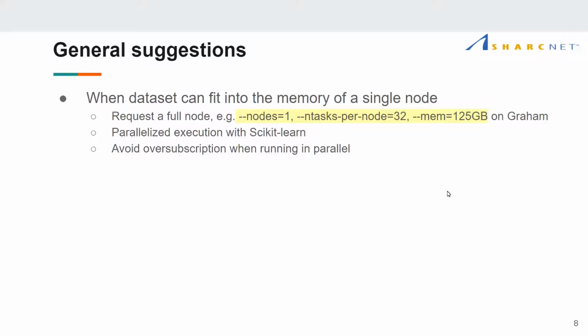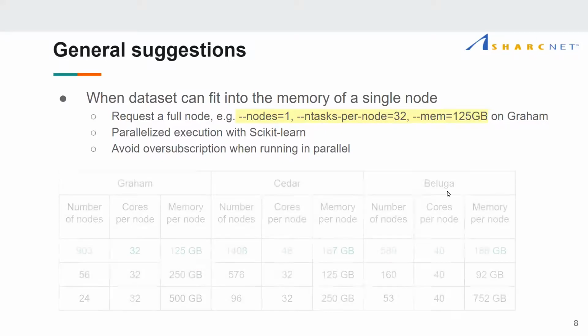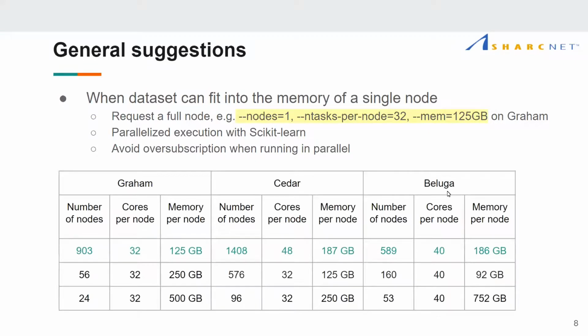If you wonder what memory size a full node can provide on the clusters, here is a table with some information about the top 3 popular nodes on each of the 3 general purpose clusters. The most popular nodes on each of the clusters are highlighted in green here.